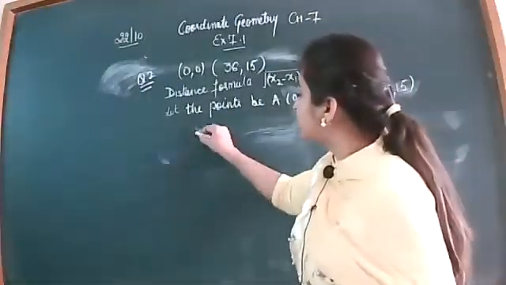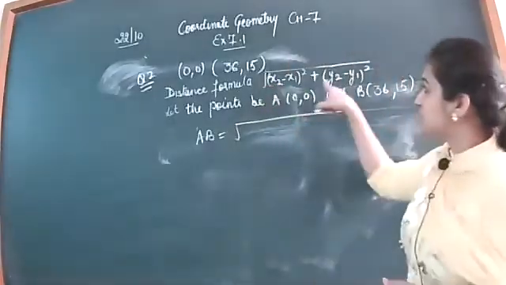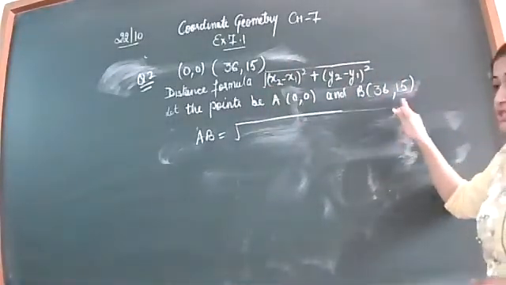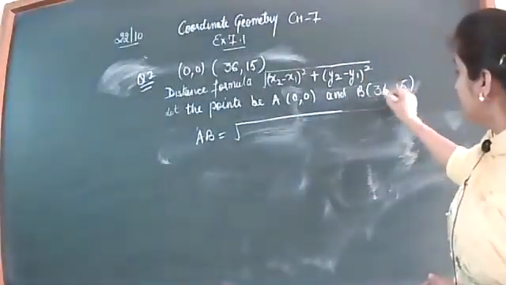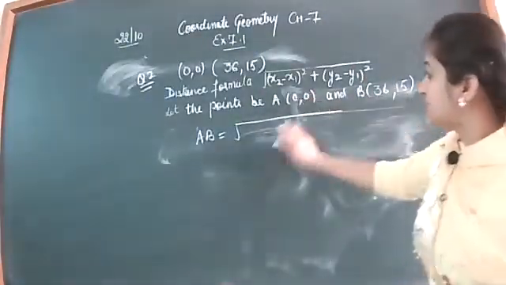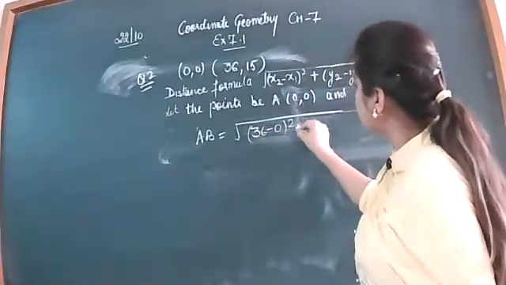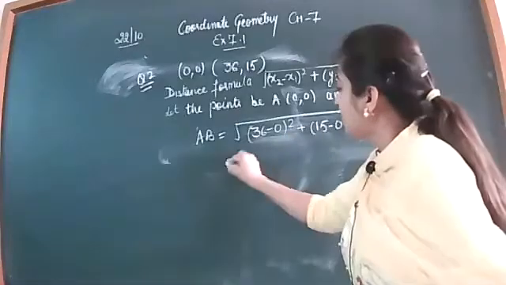So for finding the distance, you will write here AB and you will use this formula. This is your x1, y1, this is your x2, y2. So x2 minus x1, that is 36 minus 0 whole square plus 15 minus 0 whole square.